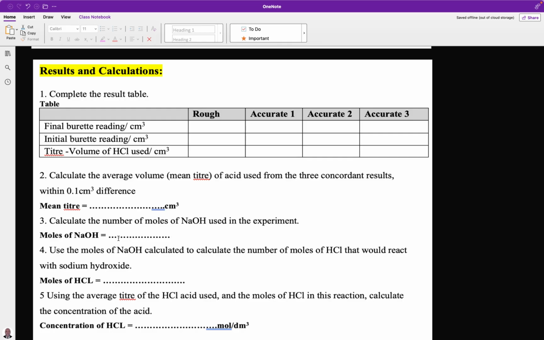Now, to have the number of moles of sodium hydroxide, since concentration is equal to moles divided by volume in dm cube, you will convert the 25 cm cube of sodium hydroxide into dm cube, then multiply it.